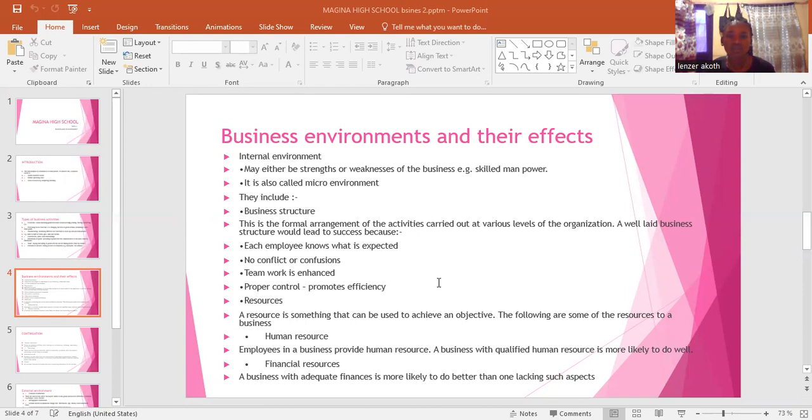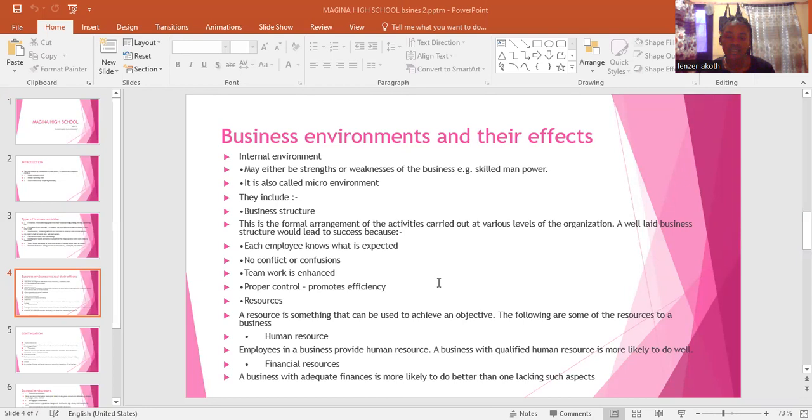That is the formal arrangement of the activities carried out at various levels of organization. So a well-laid business structure would lead to the success of the business, because each employee knows what is expected of him or her. Then there will be no conflict or confusion. Those are the advantages of having a well-laid business structure.